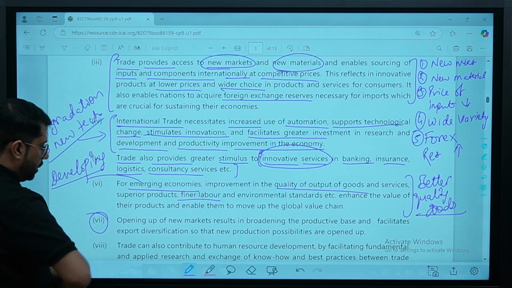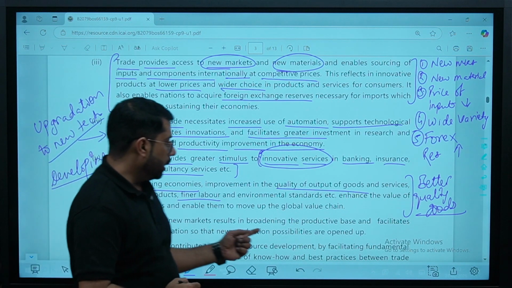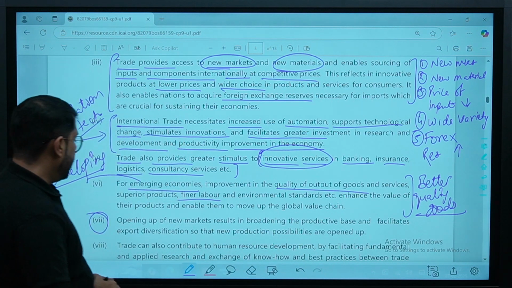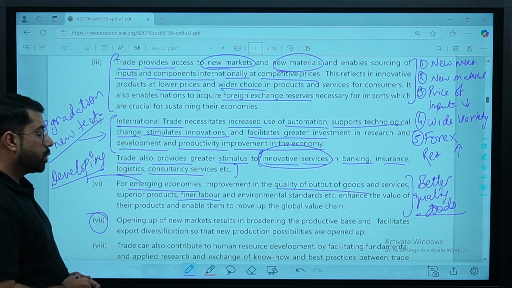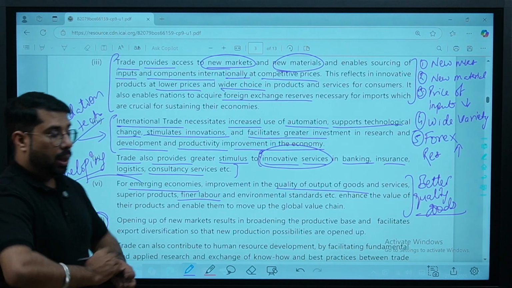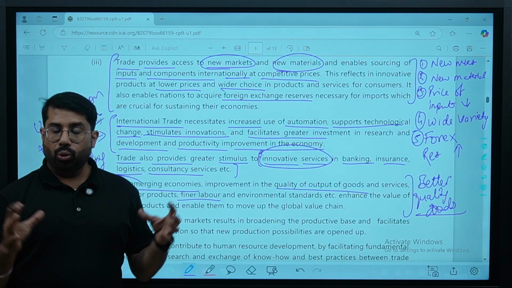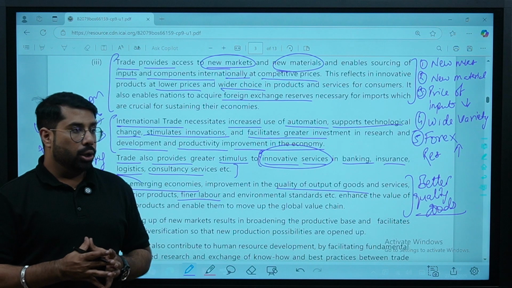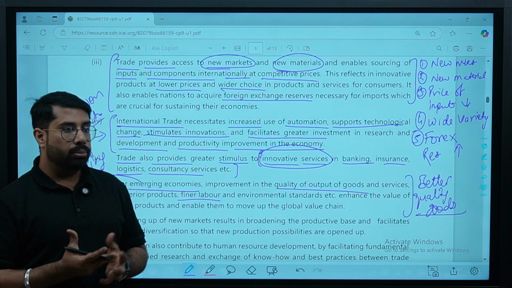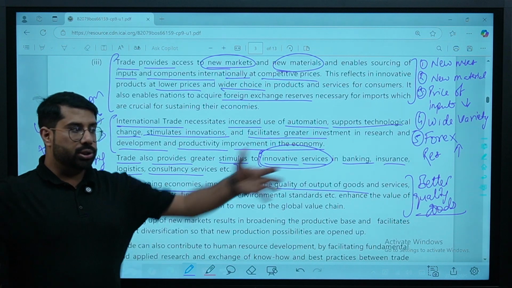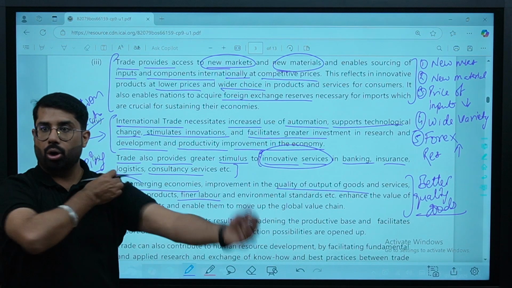Seventh point says opening up of new markets results in broadening the productive base and facilitates export diversification so that new production possibilities are opened up. Now see, when you deal domestically, you don't level up your production because you know that you are catering to a fixed number of consumers in your own country.